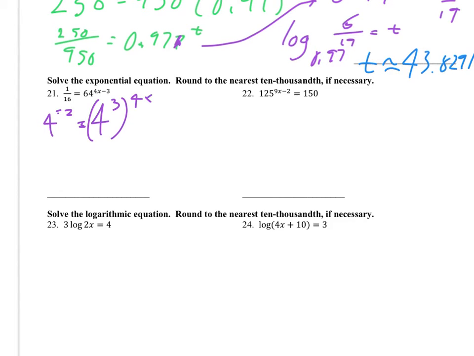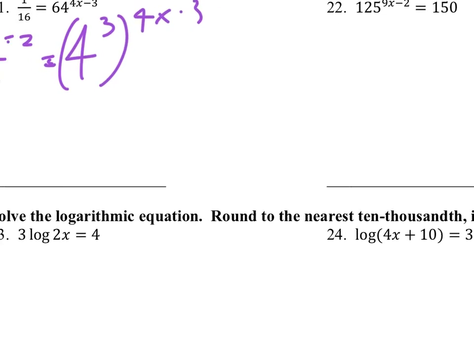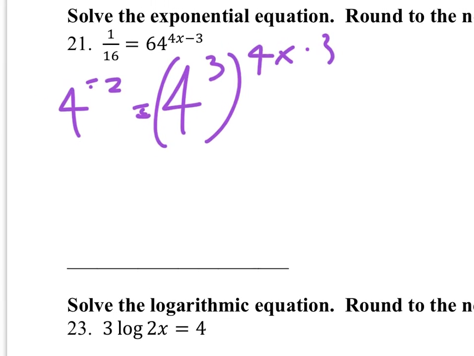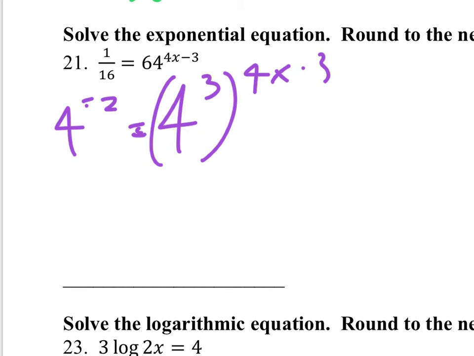And we take that to the 4x minus 3 power. Now what we end up doing with that is setting the exponent on the left side, the negative 2, equal to the exponent on the right. Now on the right side it would be a power of a power, so we would multiply the 3 by the 4x minus 3, and we end up with 12x minus 9.